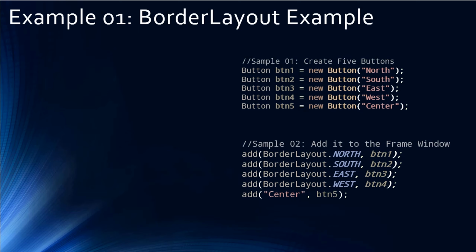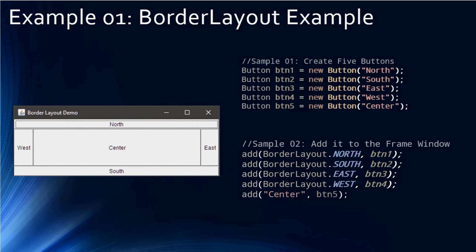If you replace the very first statement, let us take for example BorderLayout.NORTH, you can replace that with "north" within double quotes. So either you can pass the constant or you can pass a string literal.